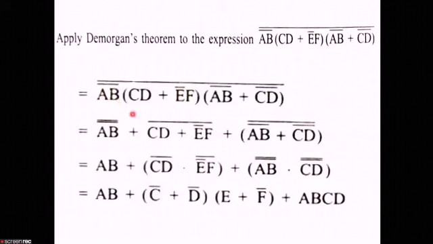This dot will become plus here. C plus of EF is one expression. Just look here: this one is the first one, this one is the second one, this one is the third one. So consider these three, and you have to break the line here and change the sign here.